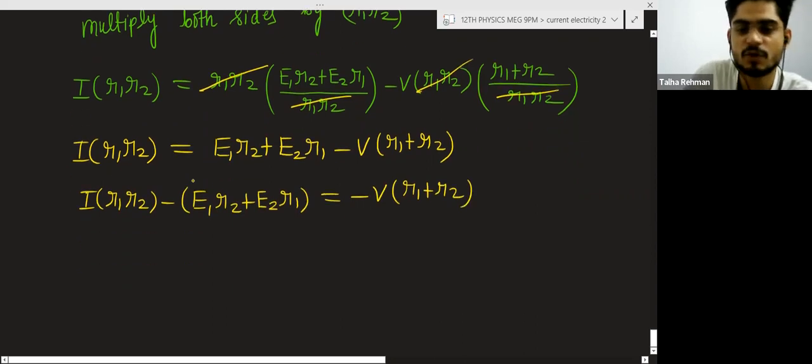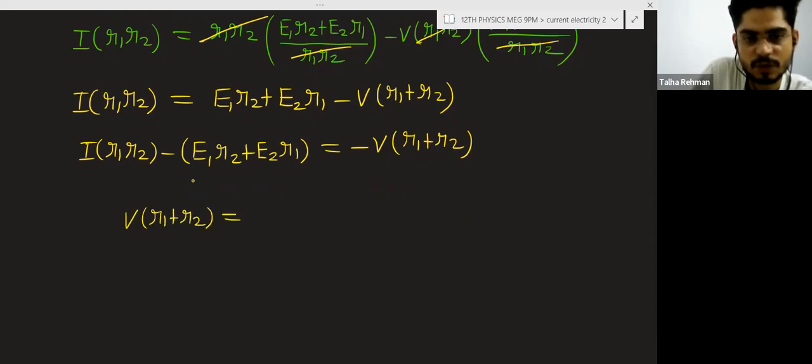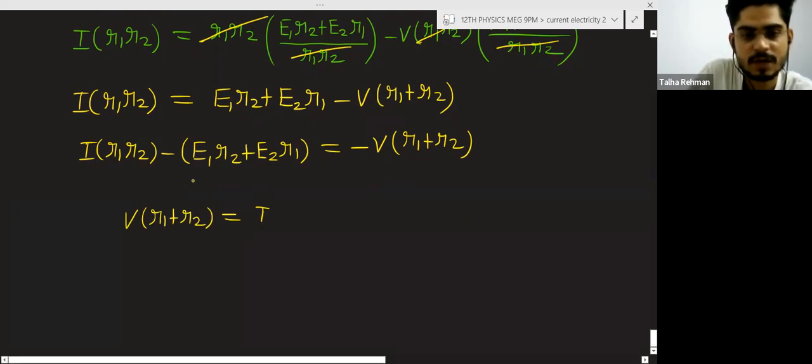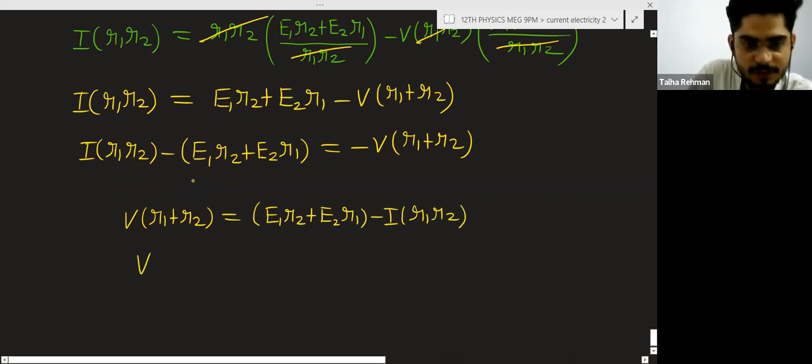When you take minus common on both sides, you will get V into R1 plus R2 equal to E1 R2 plus E2 R1 minus I into R1 into R2. Now, for calculating V, you just divide by R1 plus R2 on both sides.